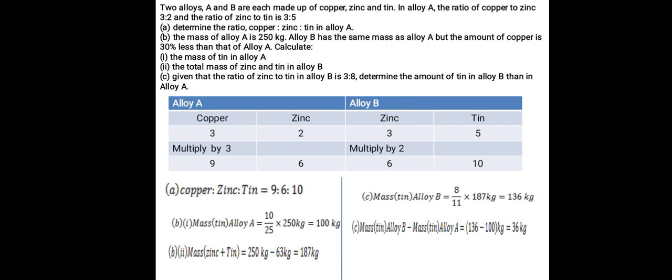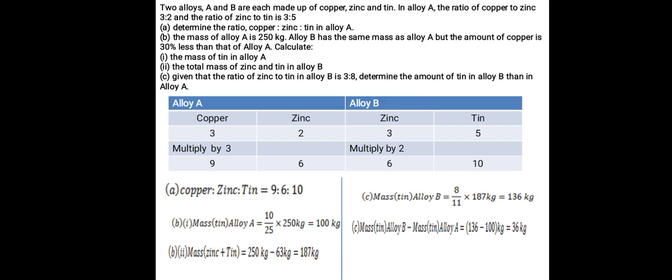Now, part 2, we have been asked the total mass of zinc and tin in alloy B. Here we have been told that the amount of copper in B is 30% less than that in A. What's the amount of copper in A?